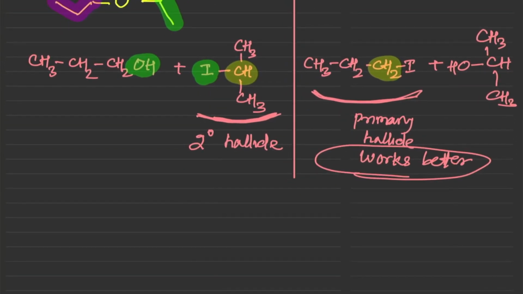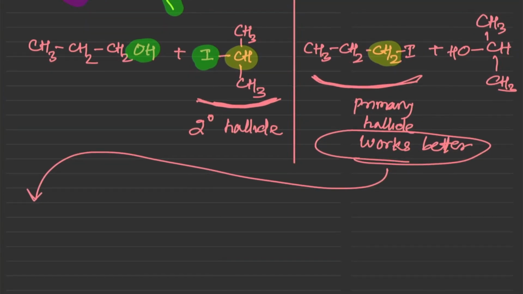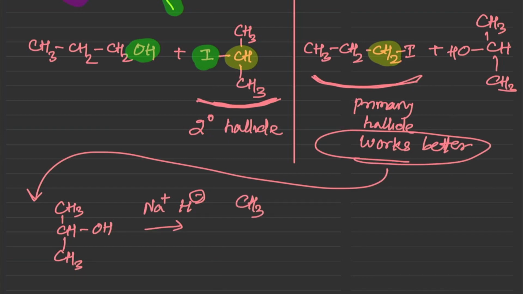So let's try to do this method. I will start here. You start with your alcohol first, CH3CHOHCH3, and then you treat with sodium hydride. That will deprotonate, that will take out your acidic proton, giving CH3CHO minus CH3.